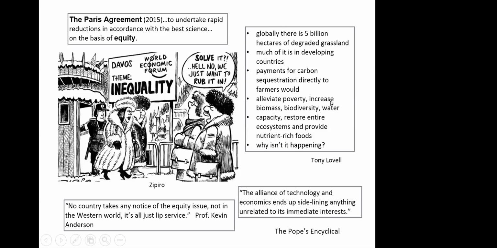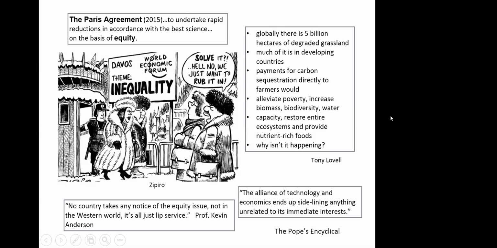So that rather satirical cartoon about Davos, again, about inequality, I think we need to think about these things when we're making decisions about our activism as climate change activists, the decisions that we make on our own particular use of energy, our own consumption of resources, and so forth, because we need equity.